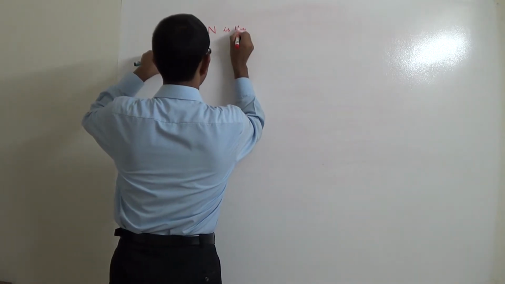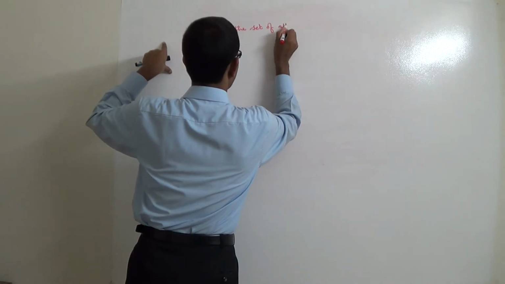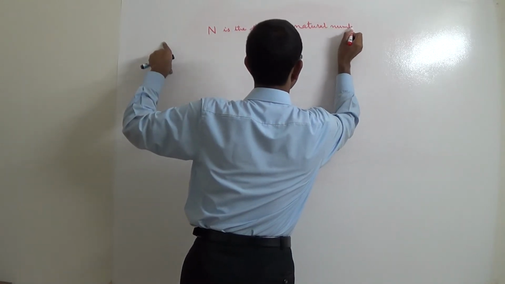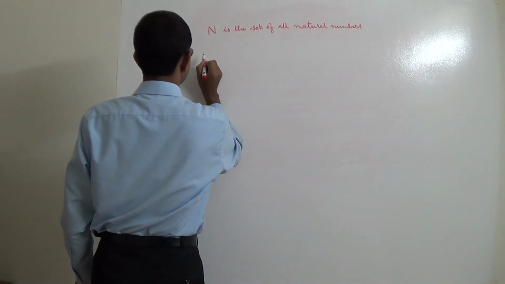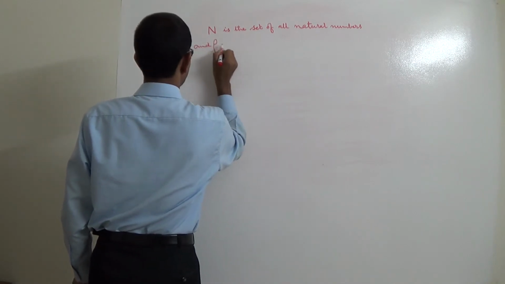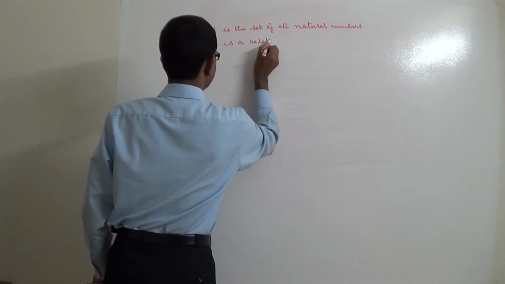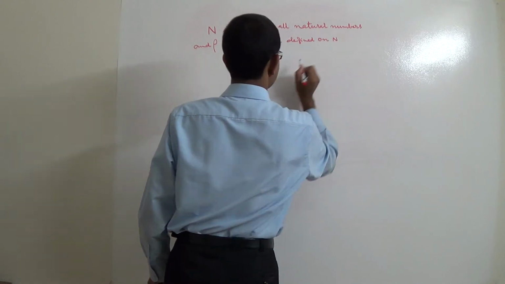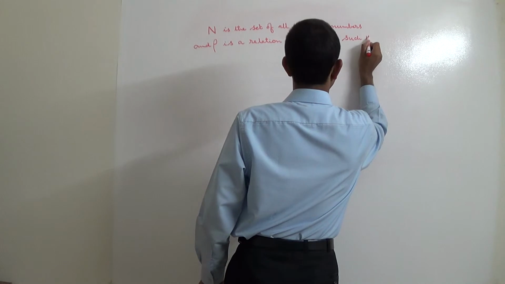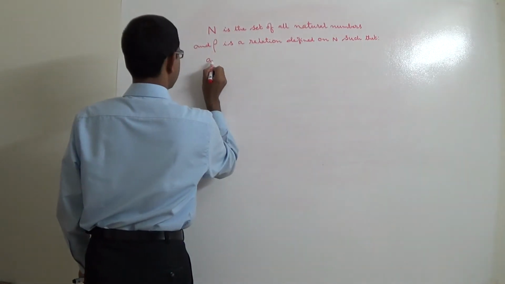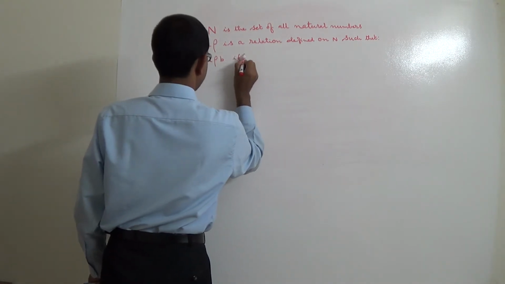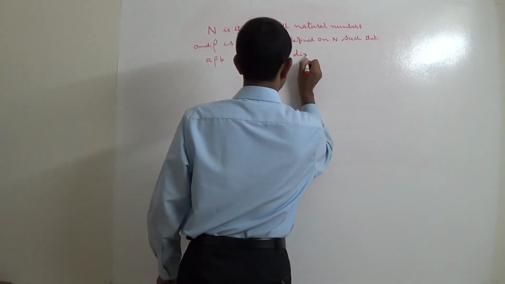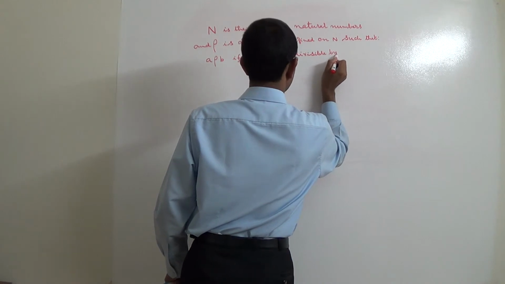N is the set of all natural numbers and rho is a relation defined on N such that A rho B if and only if A minus B is divisible by 5.